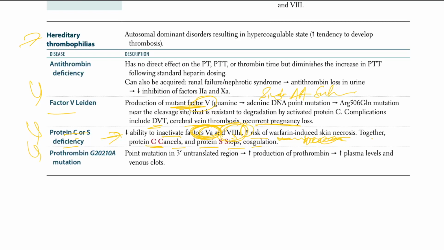Let's talk about the next one. We have prothrombin mutation. Again, it's a point mutation in the 3' untranslated region. This leads to increased production of prothrombin, which increases plasma prothrombin levels and causes venous clots: DVTs, cerebral vein thrombosis.